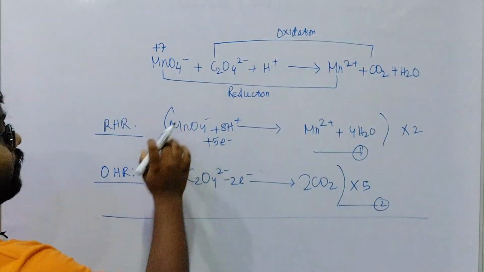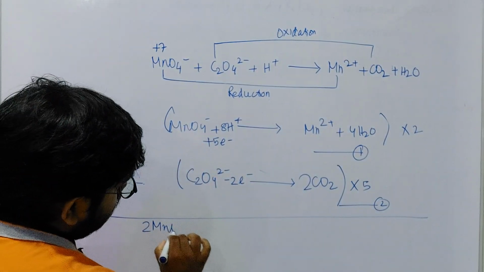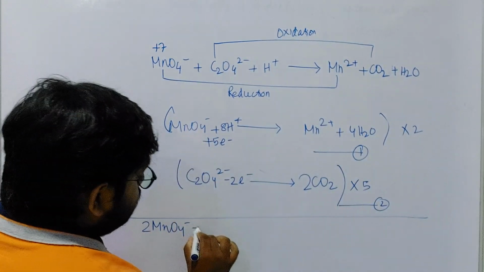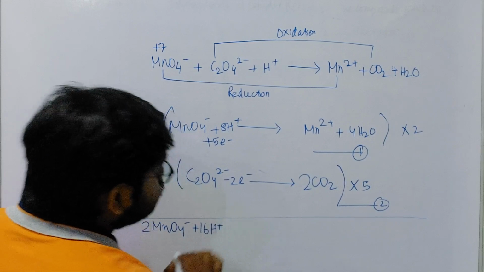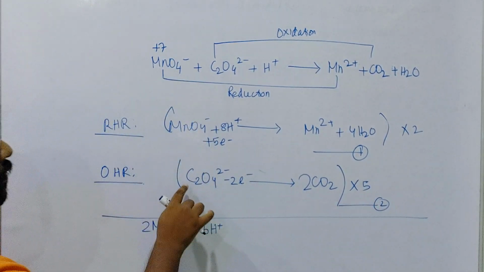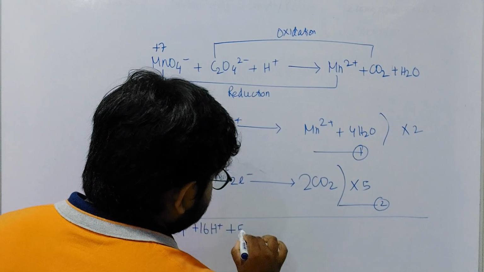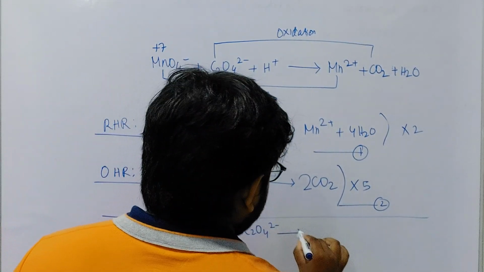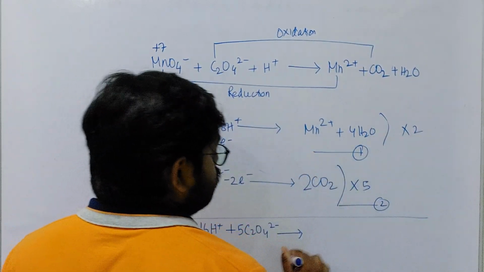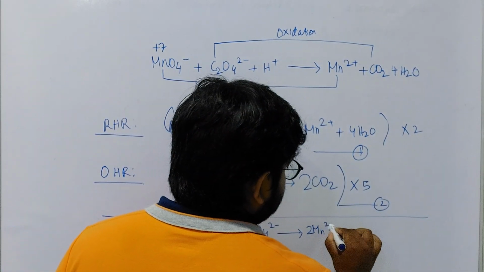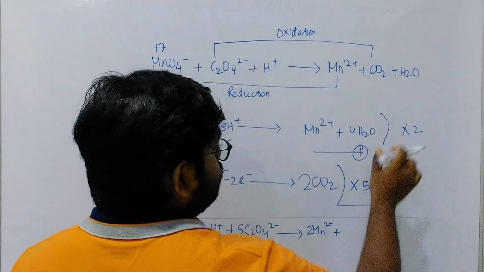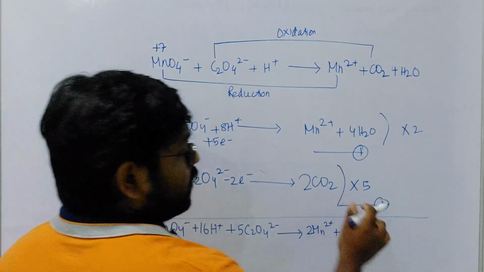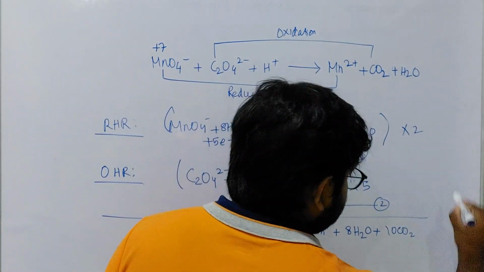So 2 MnO4 minus, 16 H plus, 5 C2O4 2 minus, gives 2 Mn2 plus, 8 water, 10 carbon dioxide. That's it.